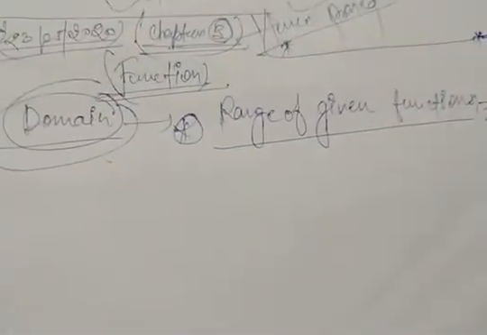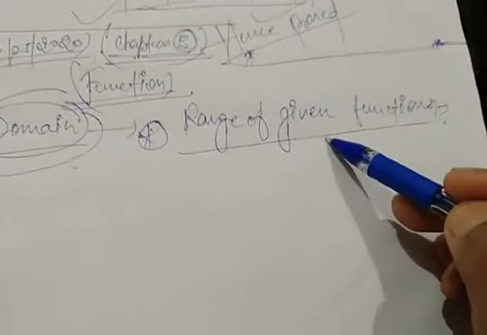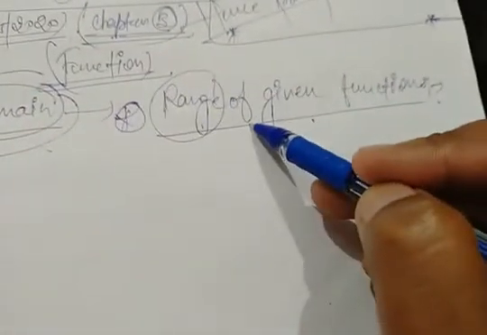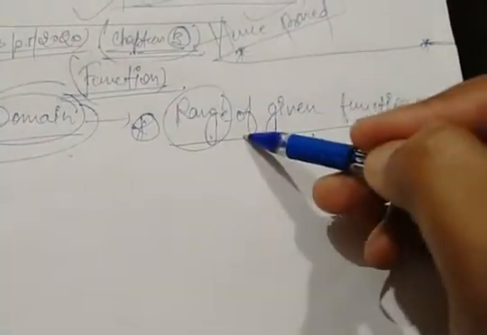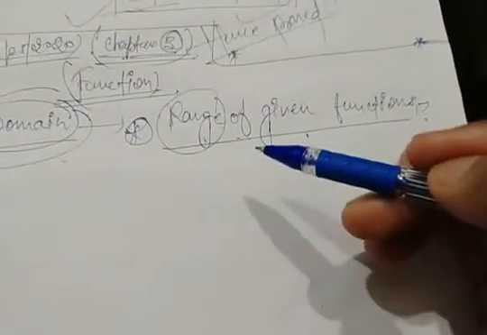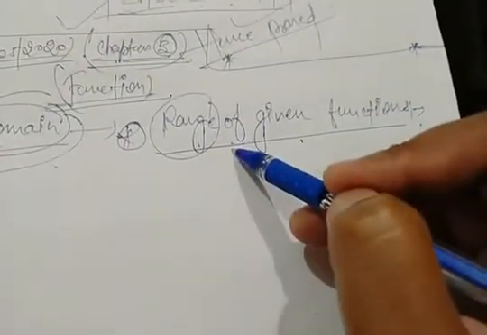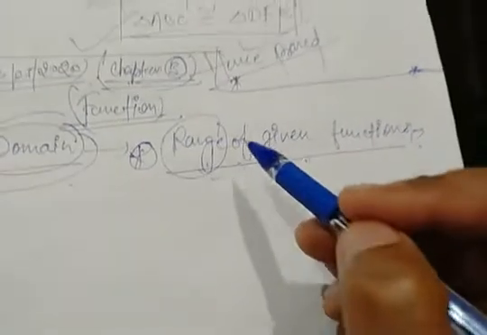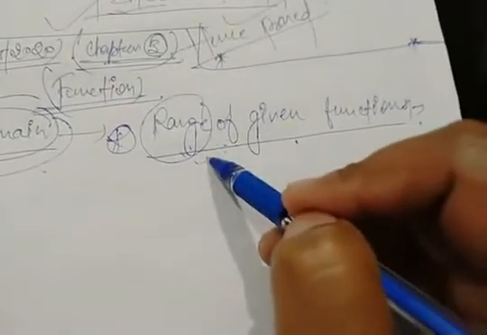The range of a real function of a real variable is the set of all real values taken by f of x at points in its domain.